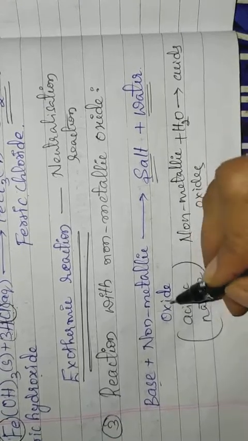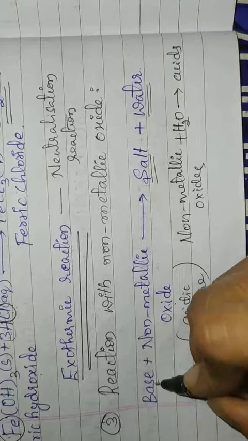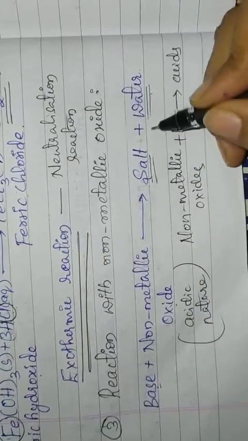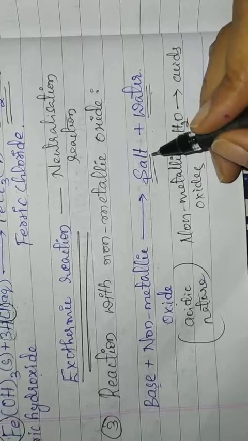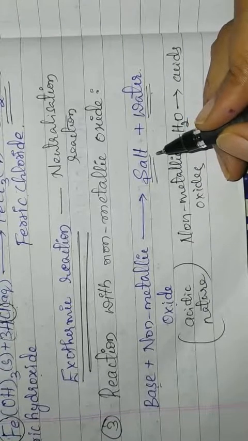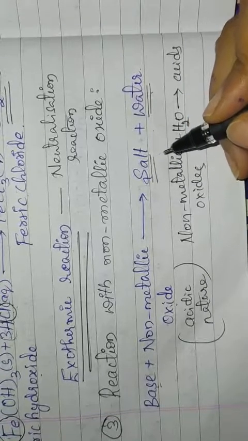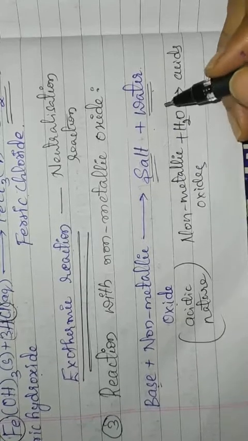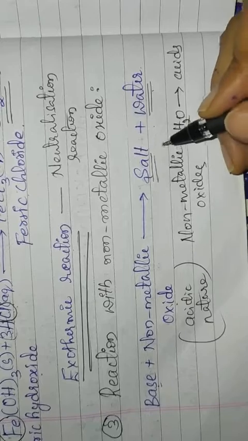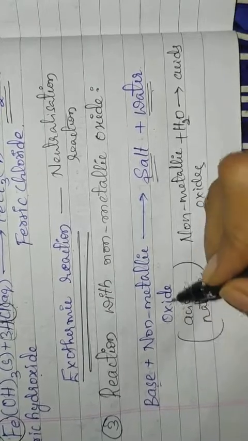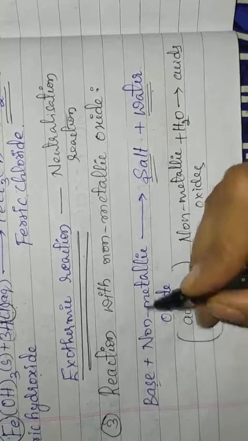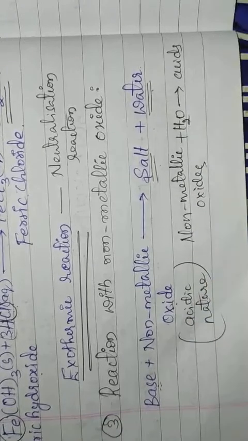When a non-metallic oxide reacts with a base, they will form the products salt and water, similar to the reaction between acid and bases. In an acid base reaction, salt and water are the products. Here also the same products are formed, because this non-metallic oxide is acidic in nature.